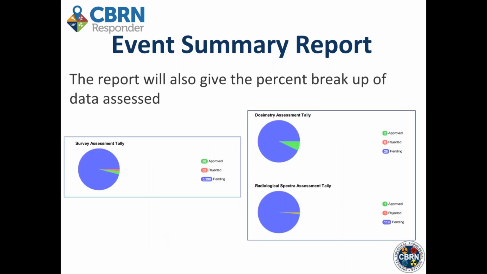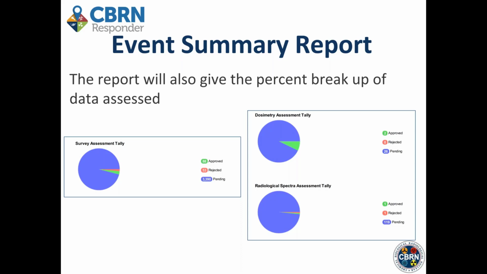And then if you scroll down to other pages, you can get this percent breakup using a pie chart of the assessment. So the survey assessment tally, you can see here that out of the 3,000 surveys, only 88 of them were approved and 53 of them were rejected.